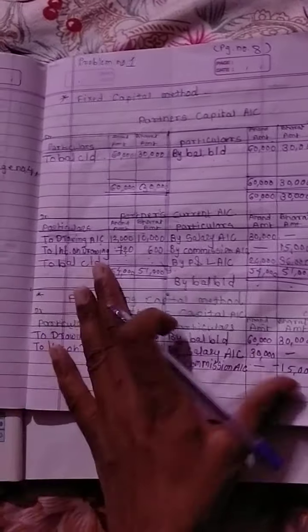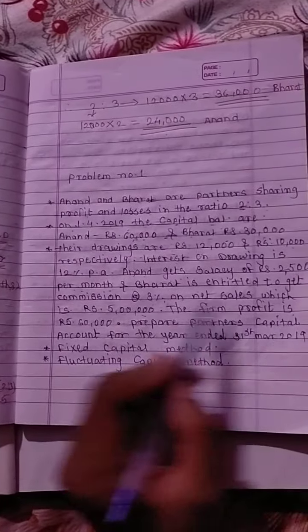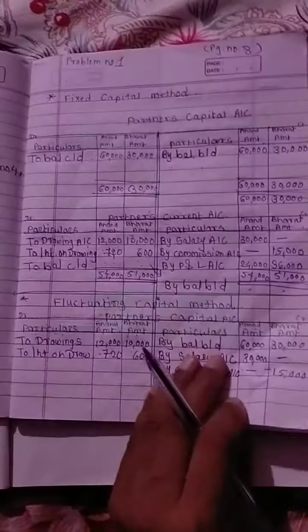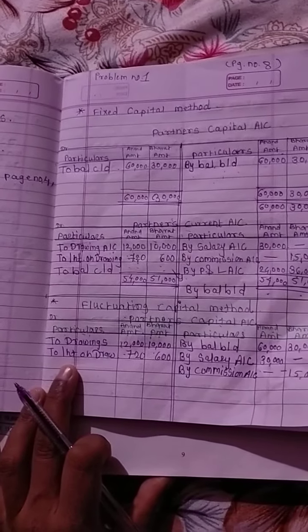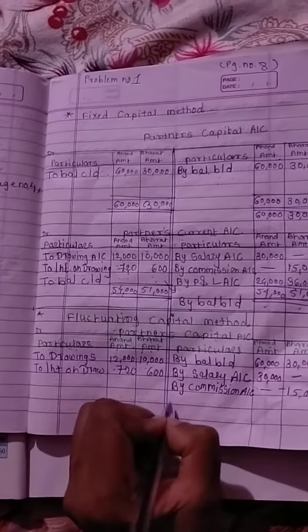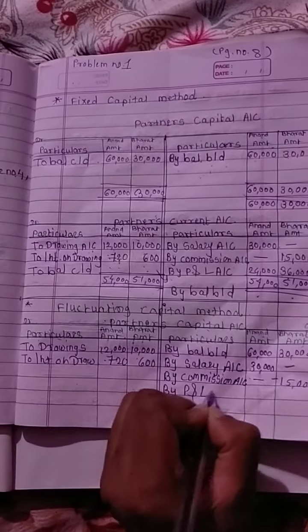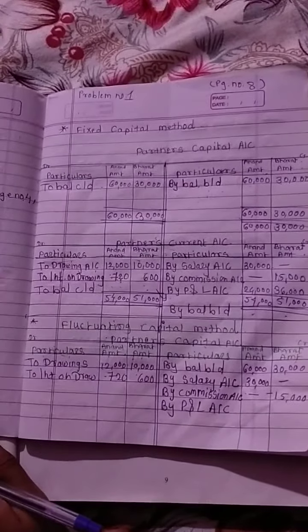Okay, next, the firm's profit is rupees 60,000. So how much is the firm's profit? 60,000. By profit and loss account, I am writing P&L account here because space is not there. You write the proper profit and loss account.